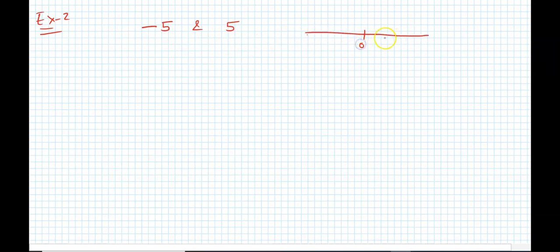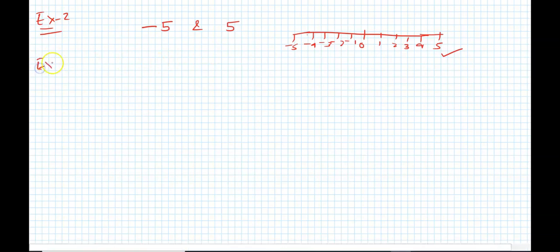But if you follow the number line, 0, 1, 2, 3, 4, and this is 5, and this side is -1, -2, -3, -4, and -5, 5 is on your right hand side, so 5 is big and -5 is small. So you can always compare two numbers.